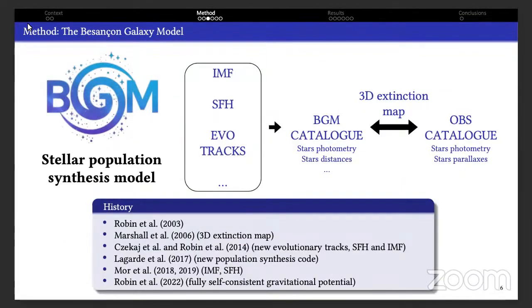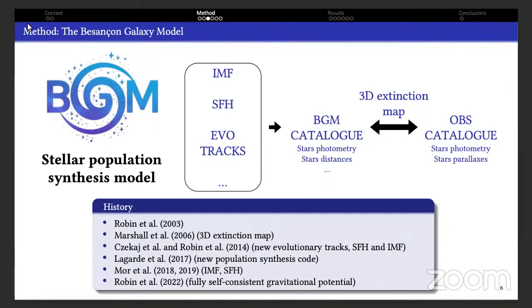For the simulation, we used the Besançon Galaxy Model. This is a stellar population synthesis model that takes some parameters as input, and that can give us, for multiple lines of sight in the galaxy, a catalog of stars for which we have a lot of characteristics: the photometry, distances, and many other characteristics of stars.